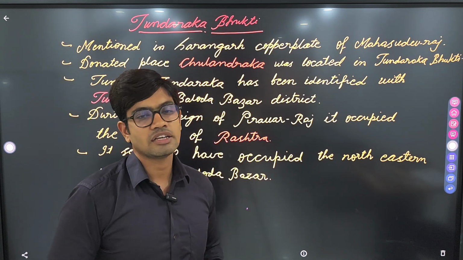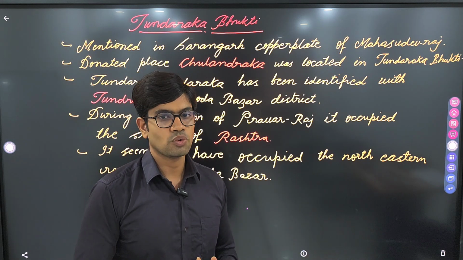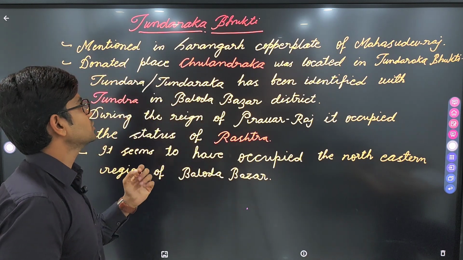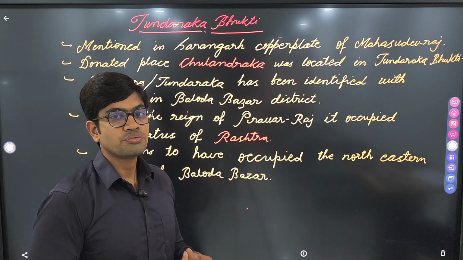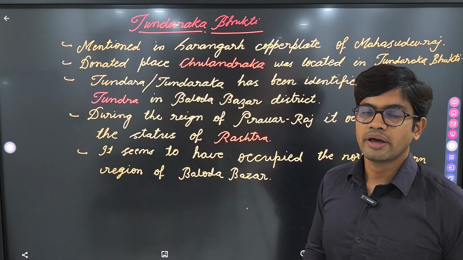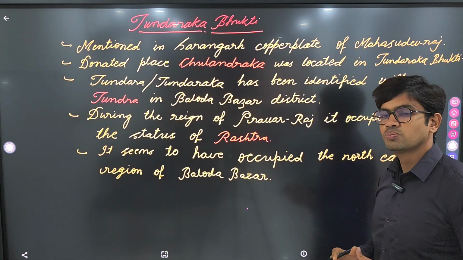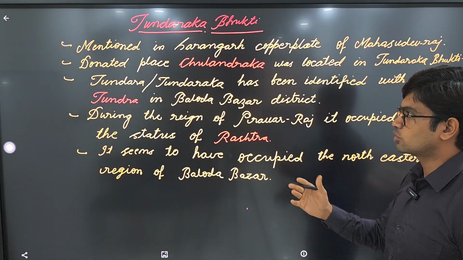So Mahasudev Raj and Sudev Raj are the same ruler. The mention of Tundaraka Bhukti has been found in the Sarangad copper plate issued by Mahasudev Raj or Sudev Raj.